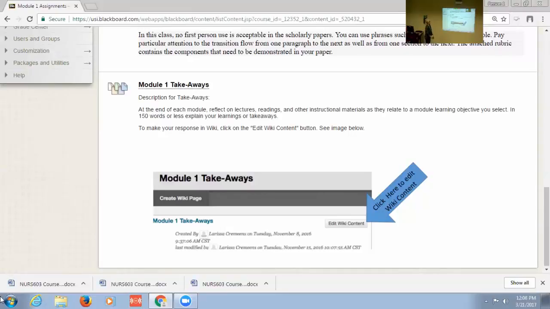And so the description and the instructions for how to do the takeaway were in one of the assignments, because some of this is not user-friendly, it's not real intuitive. So you have this, and this is how you do it, but it doesn't really say edit wiki.